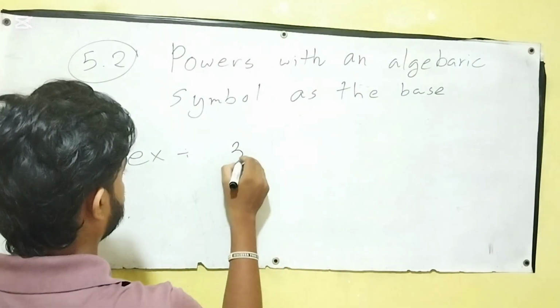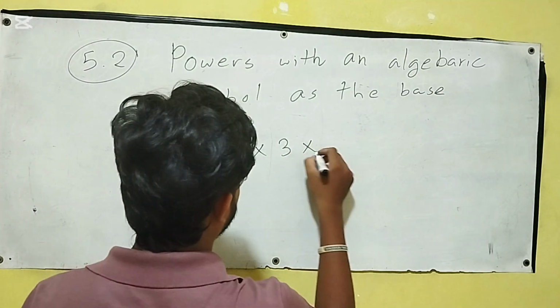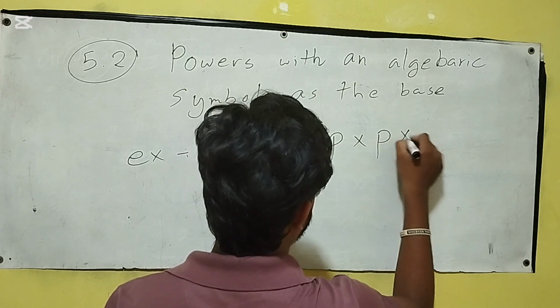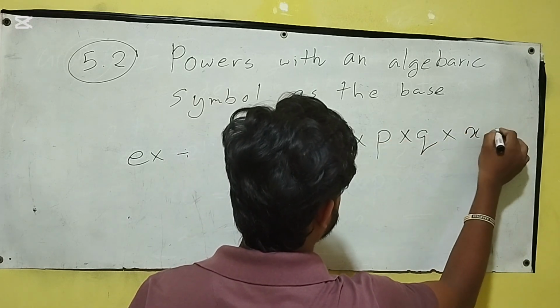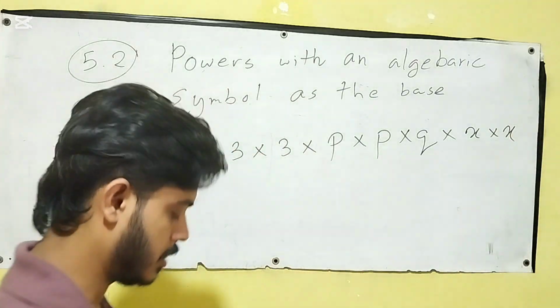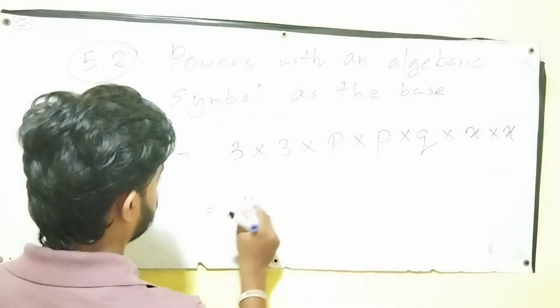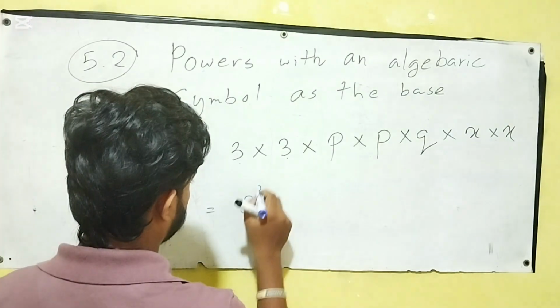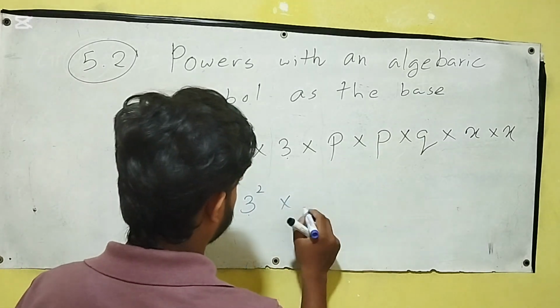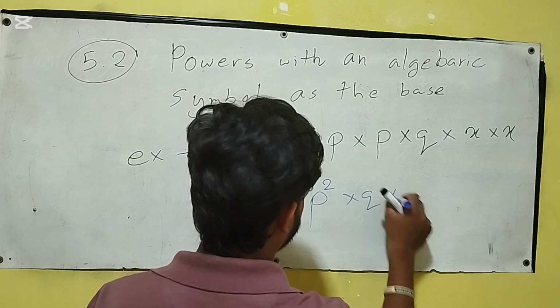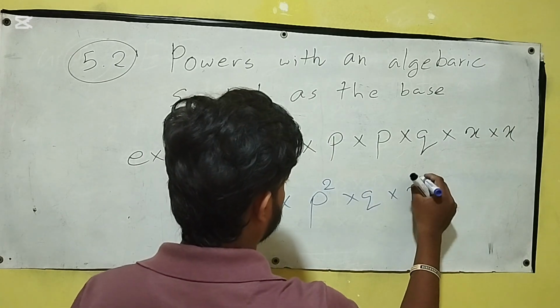Think 3 multiplied by 3 multiplied by p multiplied by p multiplied by q multiplied by x multiplied by x. How to write down this? Using index notation. 3 to the power 2, p to the power 2, q, x to the power 2.